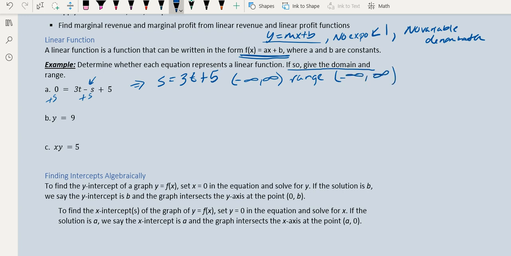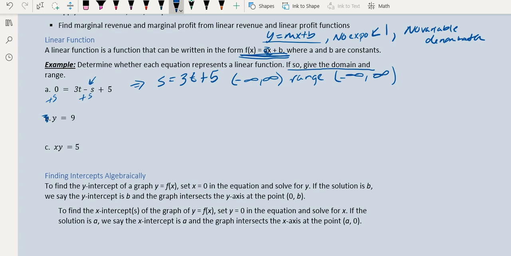Now, this one right here is just y equals 9. This is technically a horizontal line across at y equals 9. So this is in the same form of ax plus b. It just has the plus b.